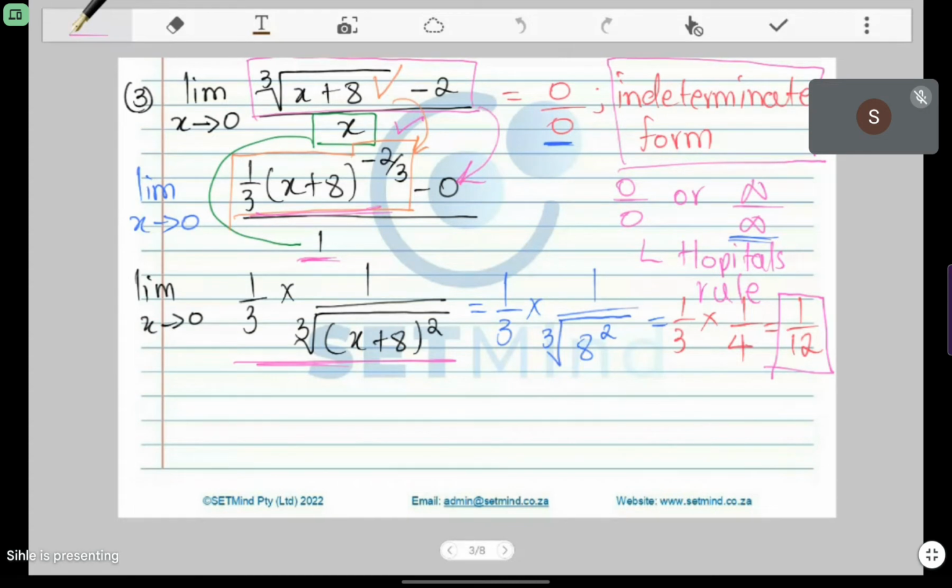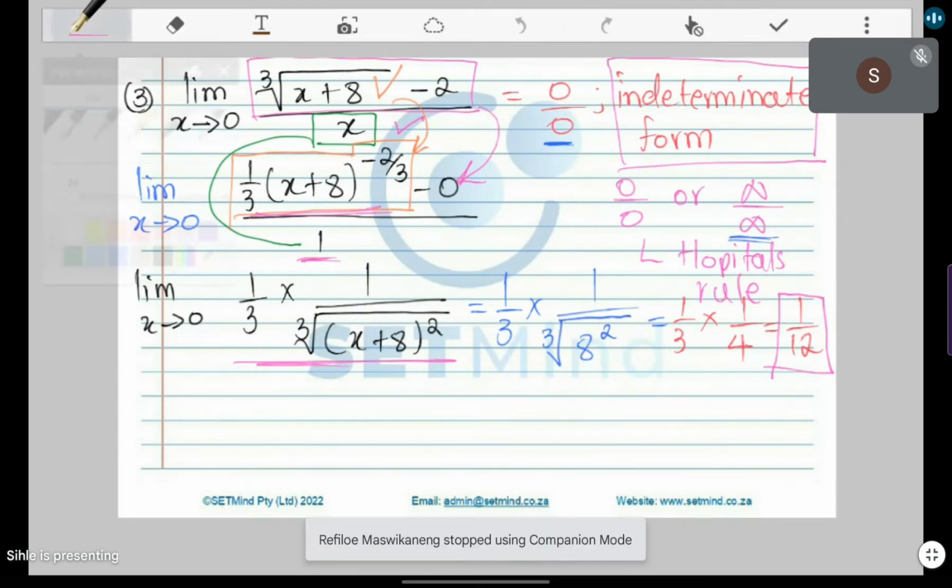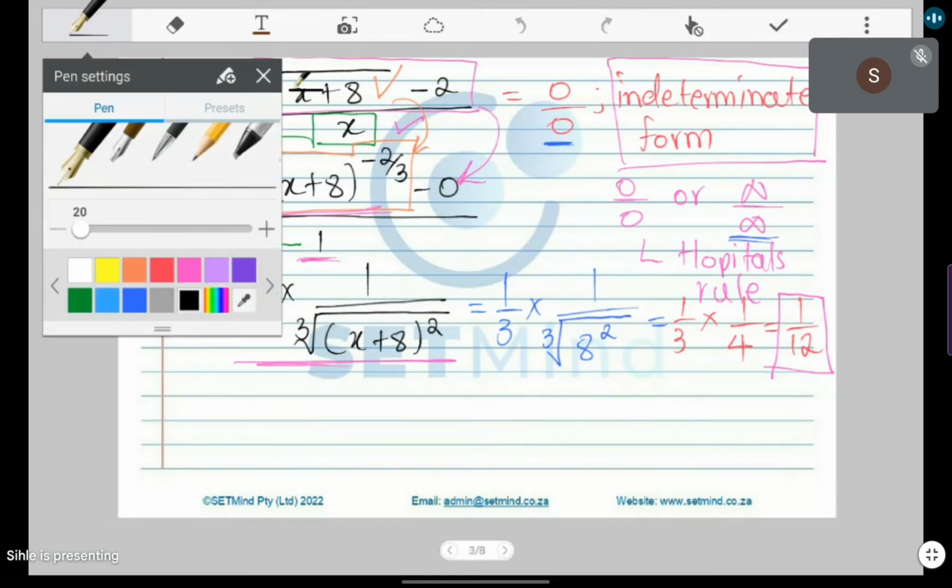Yes. Is it always going to be x approaches 0 or a constant? x can approach any value. It can approach 5, it can approach infinity. So if x approaches infinity, you don't necessarily substitute here. If x approaches infinity, this is going to be 0. Just think about it.